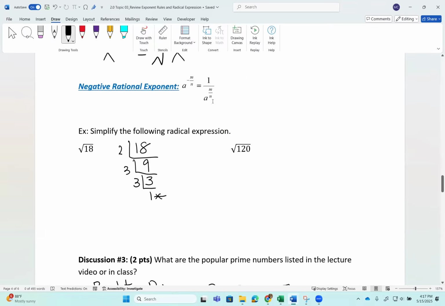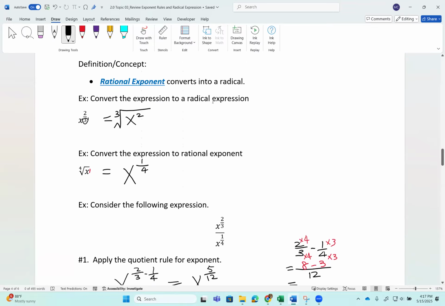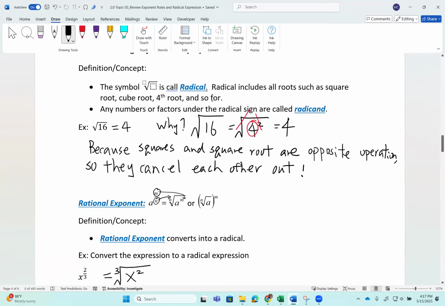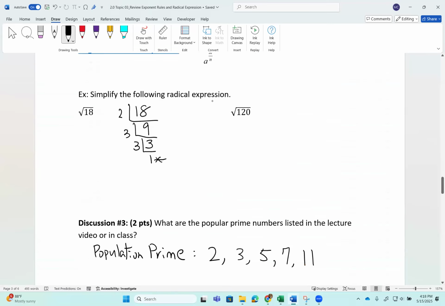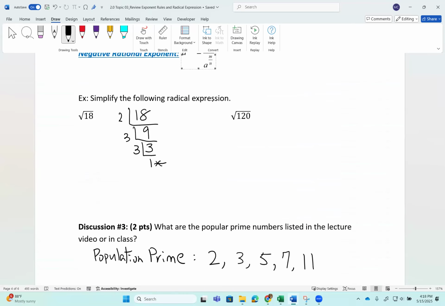So earlier we mentioned square root of 16 is equal to 4 because square and square root cancel each other out. That is true. On the other hand, it's also saying that in order to go outside of a square root, you need two of the same number being multiplied to go outside as one of them. This is another way of looking at it. So here, I'm going to write it down.